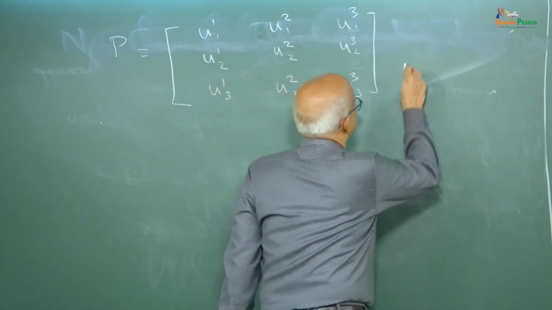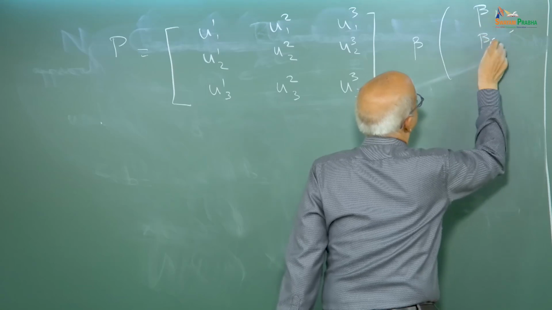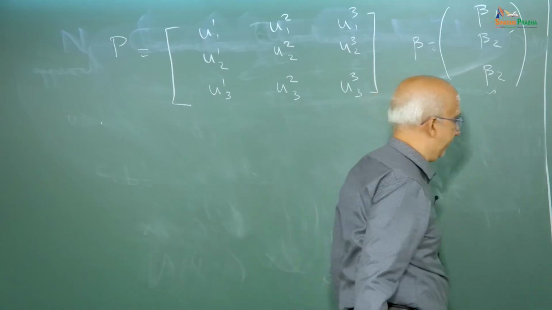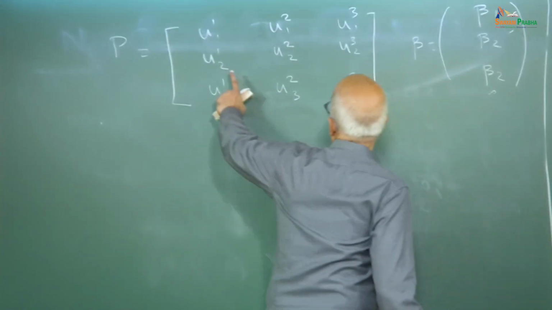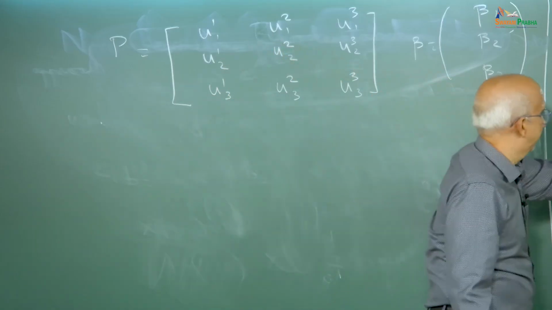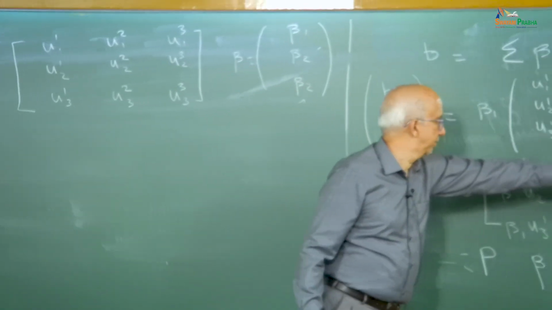And beta is beta 1, beta 2, beta 3. Okay. So, if you multiply this, you will get beta 1 u11 plus beta 2 u21 plus beta 3 u31.